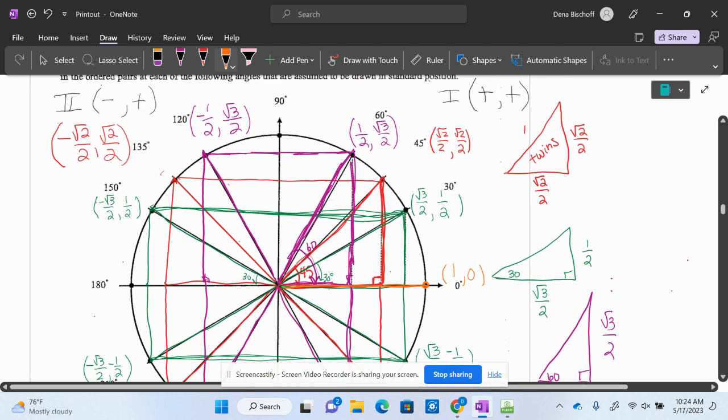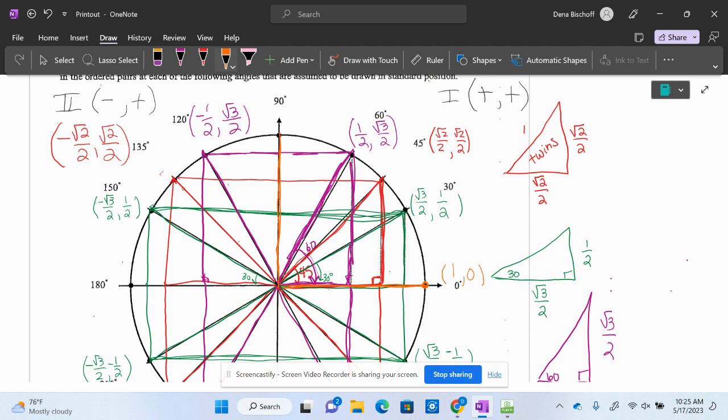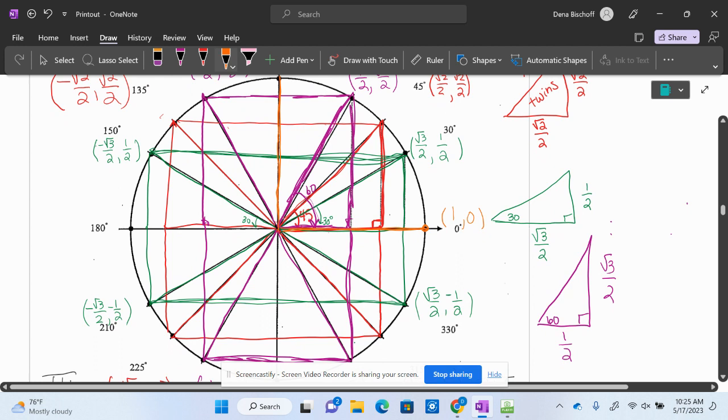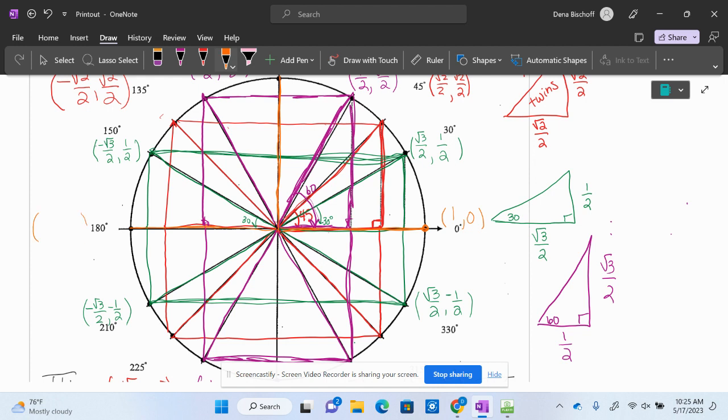So now let's move up to the 90 degree. Well, the 90 degree angle, that's right here. And again, at this point, x is 0, and my y coordinate is positive 1. Okay, so let's go over to 180 degrees and name the x and the y ordered pair.